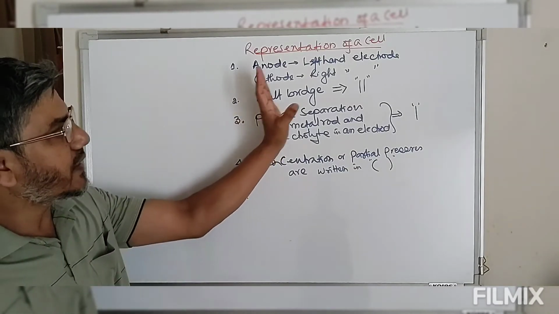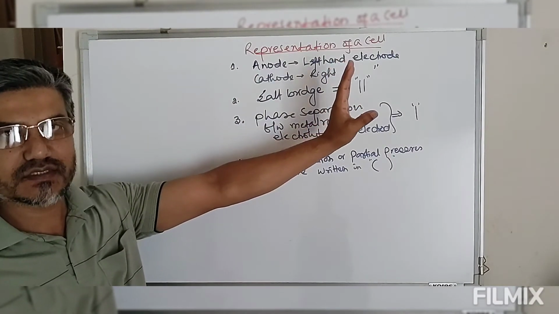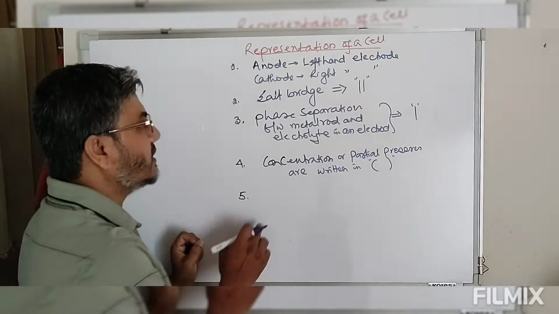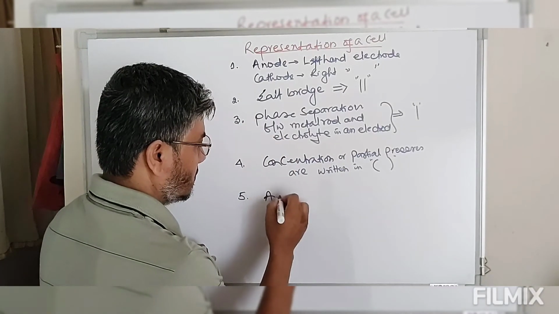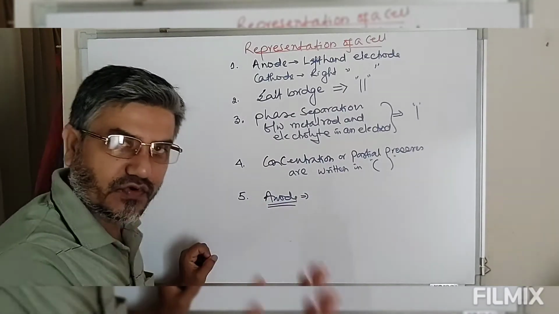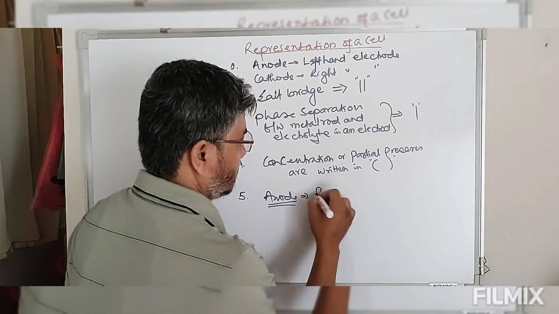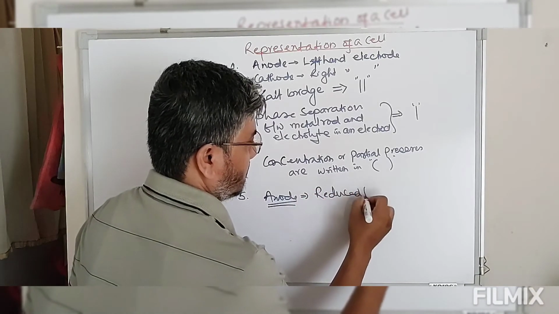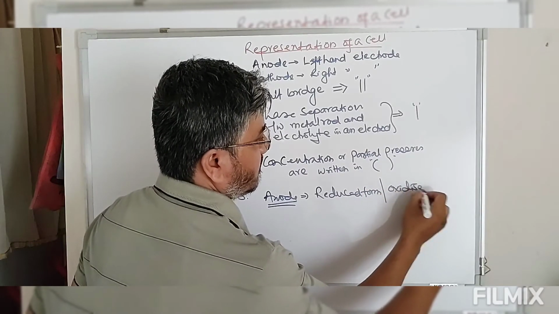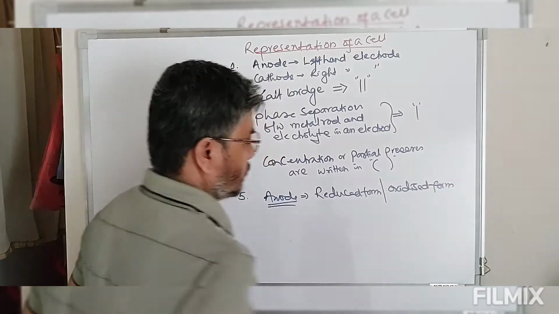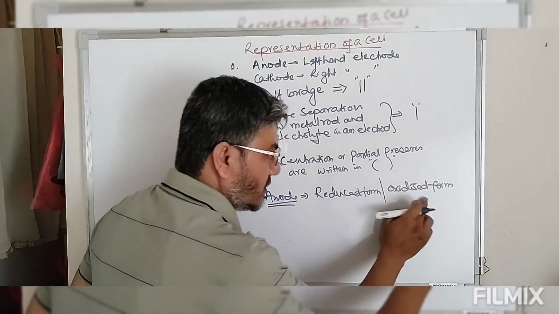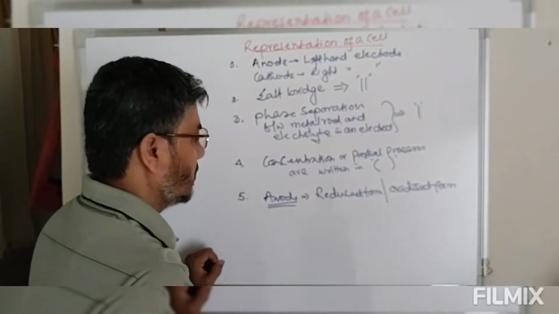Now anode is where oxidation takes place. Cathode is where reduction reaction takes place. So while representing the anode, the cell should be written in such a way that the reduced form comes first, then the oxidized form. Anode is where oxidation takes place, so the reduced form should be written first followed by the oxidized form.